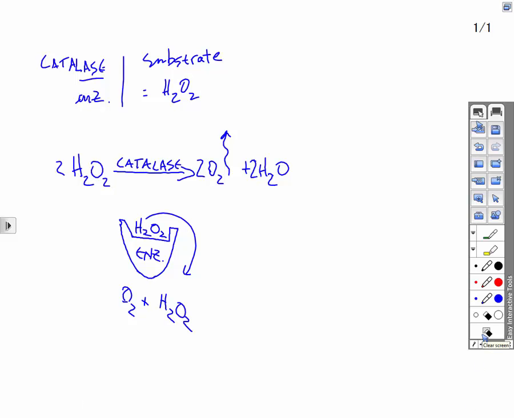Actually, we're creating water, so we're not recreating hydrogen peroxide. We've created oxygen and water, so we now have 2 products. Again, the hydrogen peroxide would be my substrate, and my oxygen and water would be my products.